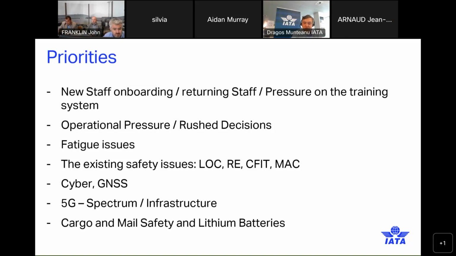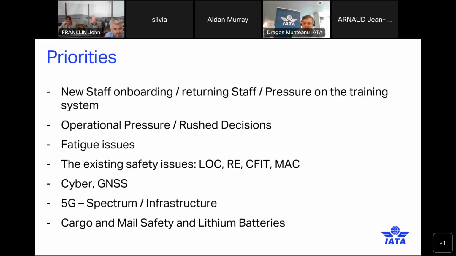And as airlines and aircraft become more and more reliant on global navigation satellite systems, it is where states can also support us to make sure that this infrastructure, which is clearly vital for aviation, is protected from unauthorized interference of jamming.